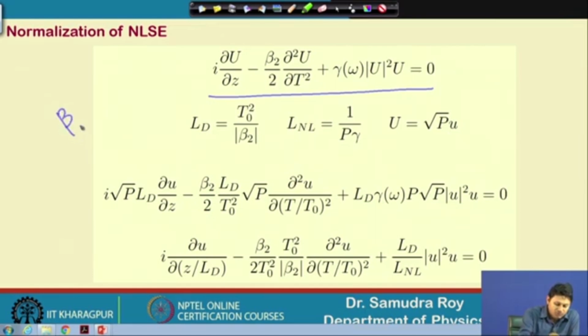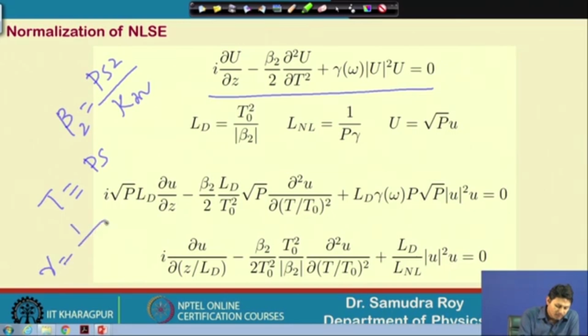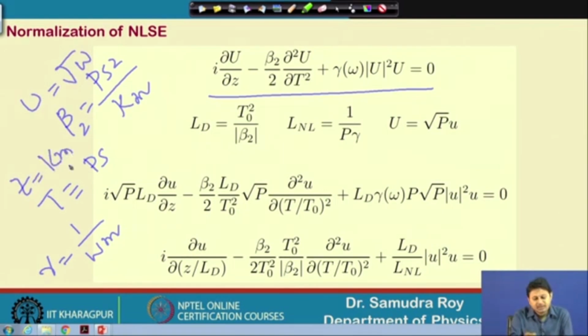Beta 2 is picosecond squared per kilometer, T is picosecond, gamma is 1 by watt meter, u is root of watt, and z is kilometer. These are the units in this equation.